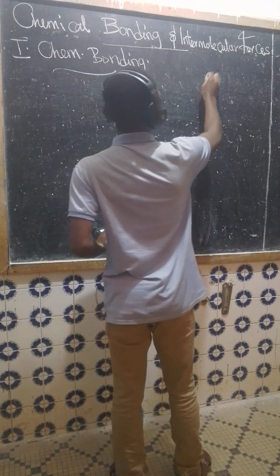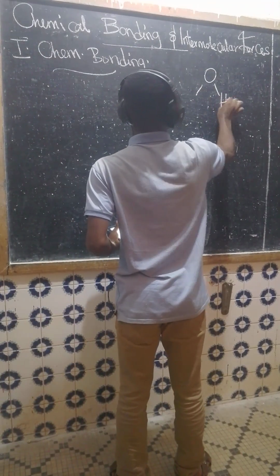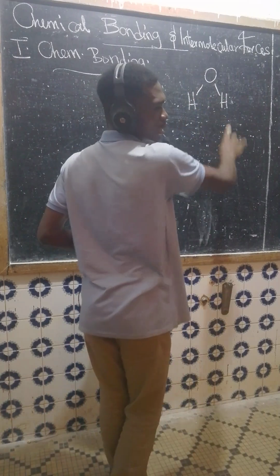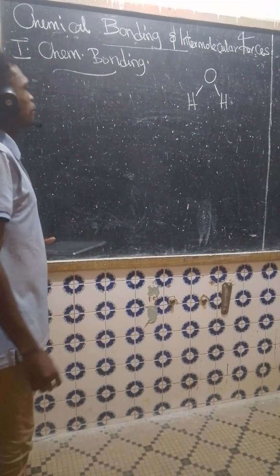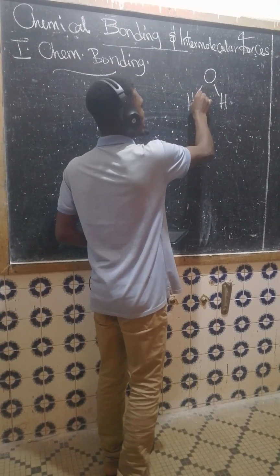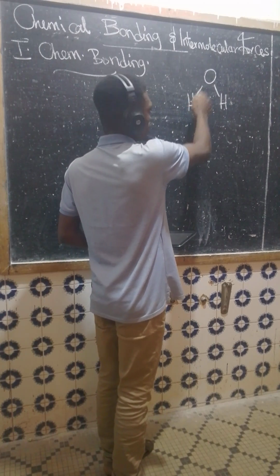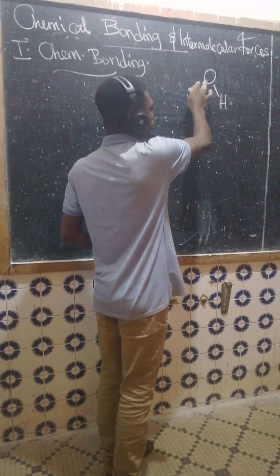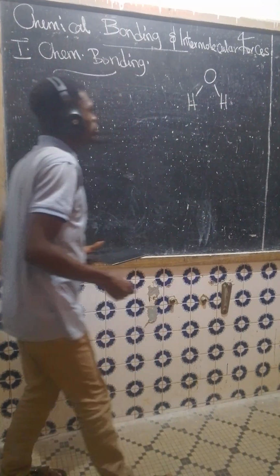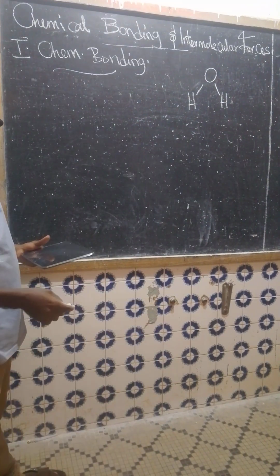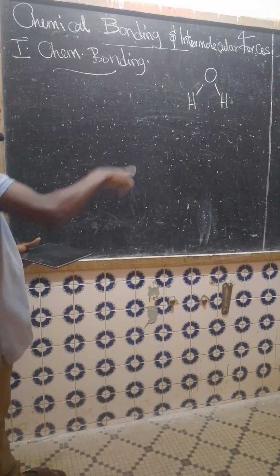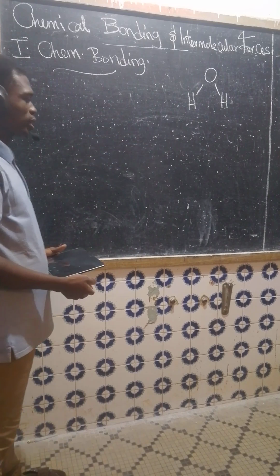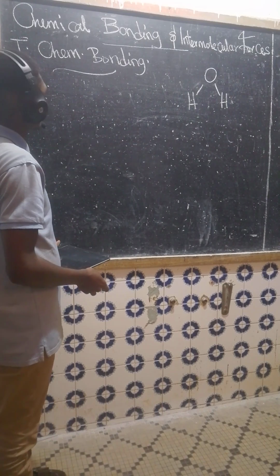Water can be written like this. You have seen this before. This line represents a shared pair of electrons. This is a covalent bond. When it's like this, it's a double bond, a double covalent bond. Mostly in organic chemistry, where you see bonds, they represent them with this. Those are covalent bonds.